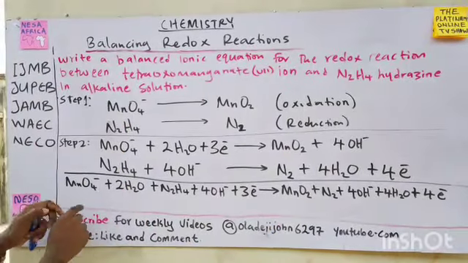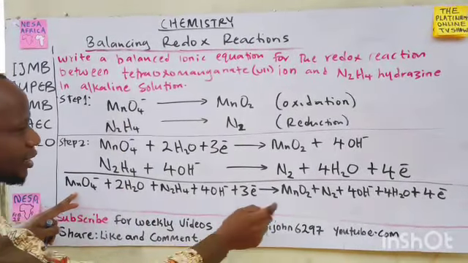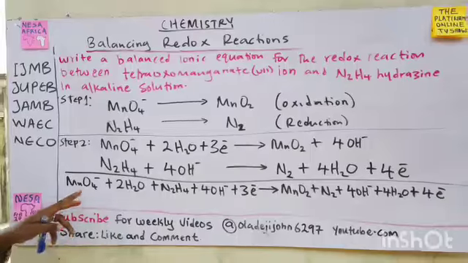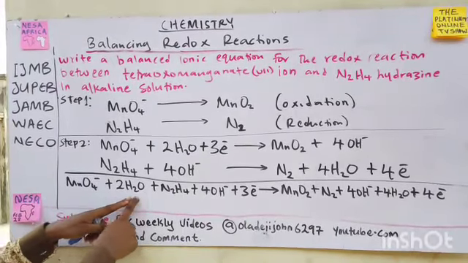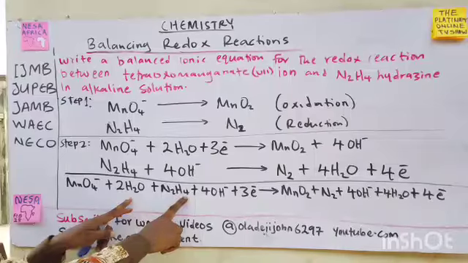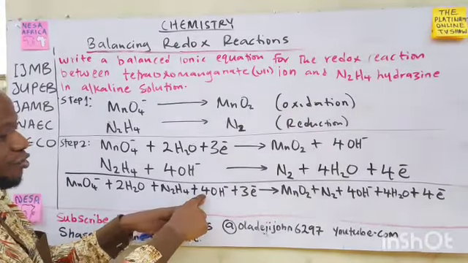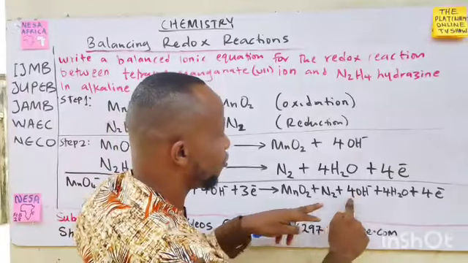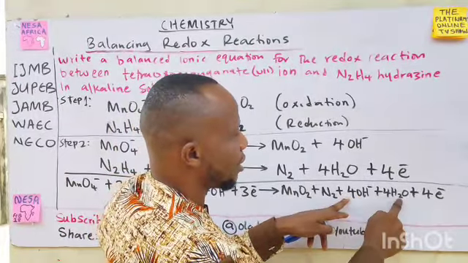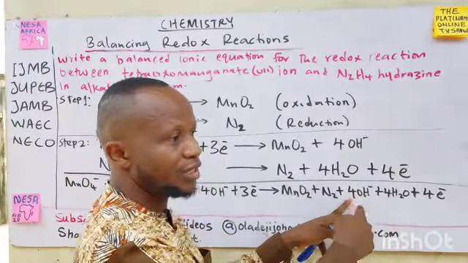Oxygen is balanced out, and manganese is also balanced. Now hydrogen. We have 4 here, 2 times 2 is 4, plus another 4 is 8, plus another 4 from this coefficient, that's 12 hydrogen. Here we have 4, 4 times 2 is 8, 4 plus 8, that's 12.